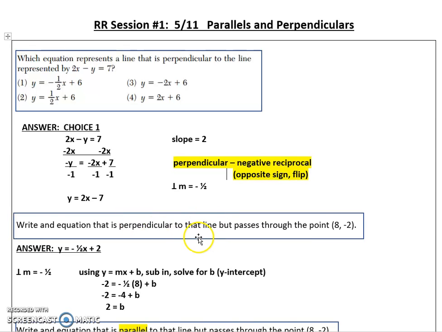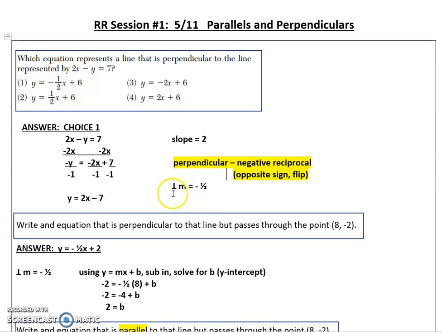In the meantime, the second equation that you'll get that's similar but a little bit more involved would be: write an equation that is perpendicular to the line but passes through a specific point. In this case, the point (8, negative 2). If we're starting out with this same equation, and we get y by itself, we already knew that y equals 2x minus 7.